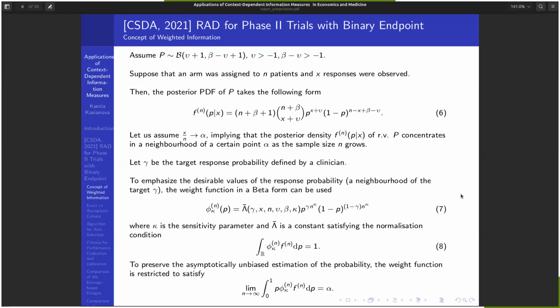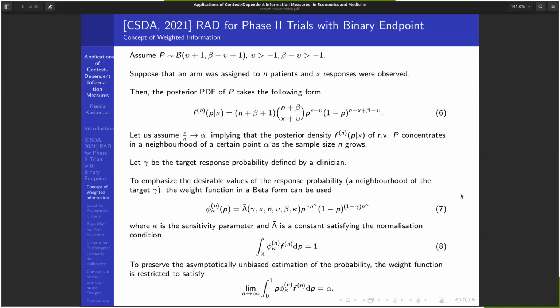So here, assume that we have n patients and x responses, and the prior information about each of the drugs studied during the clinical trials is given in the form of a beta distribution, and the posterior takes the form given in formula 6. When we obtain new observations, asymptotically this posterior concentrates in the vicinity of a certain point alpha.